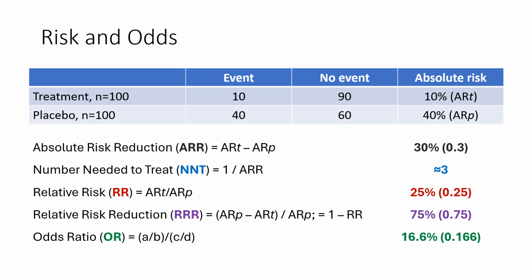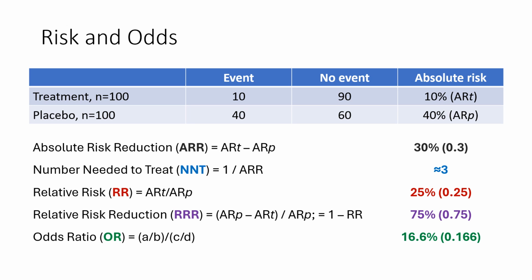From this number, we can calculate the number needed to treat, which is 1 divided by the absolute risk reduction. In this case, it will be around 3. So, in other words, you need to treat 3 patients with the treatment of interest to prevent 1 event.